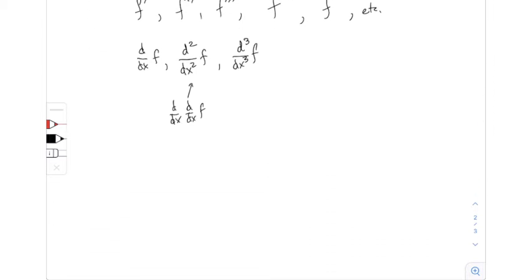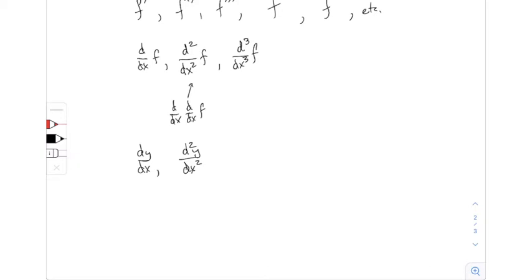And then the third way that we sometimes write the derivative is this way. dy dx, that's the first derivative if y is f of x. The second derivative, if you want to write it in this style, is similarly weird: d squared y dx squared. This always struck me as very strange. Why is the squared on the d on top, but on the bottom it's next to the x?